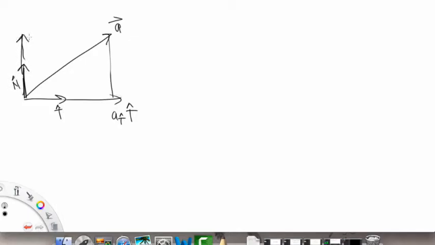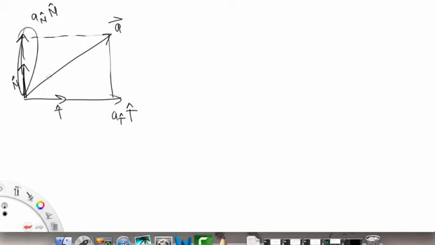One last thing I want to mention. I'm going to redraw this triangle. So we have our acceleration vector, our unit tangent, and then our a sub t hat going down there, and then our normal vector, and then going across, sorry, that's supposed to be a dotted line. It did not come out dotted. Okay, there we go. And then this big one here is going to be a sub n hat.